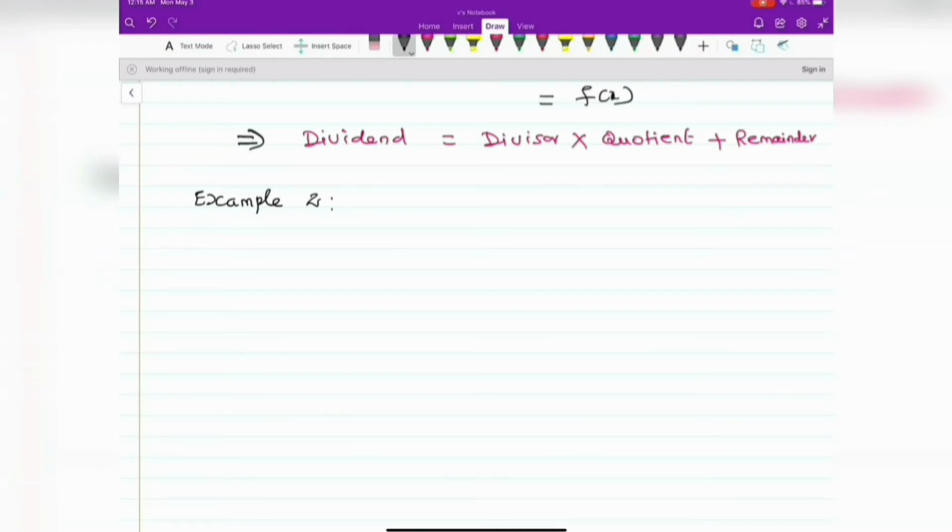Divide 3x power 4 plus 5x cube minus 7x square plus 2x plus 2 by x square plus 3x plus 1.